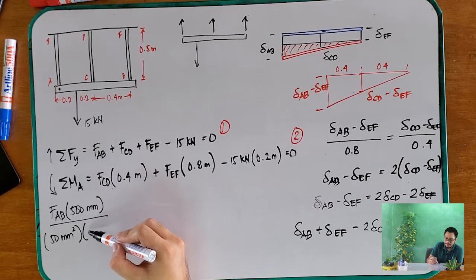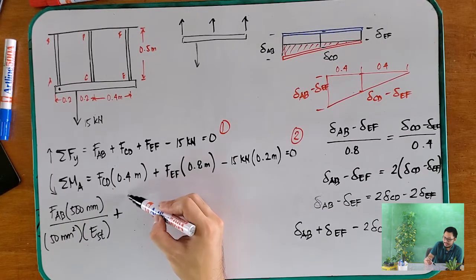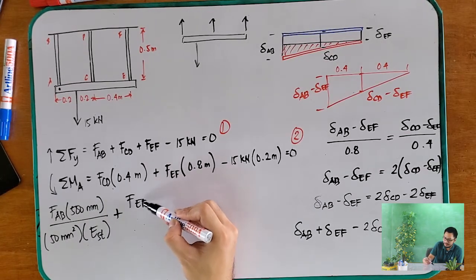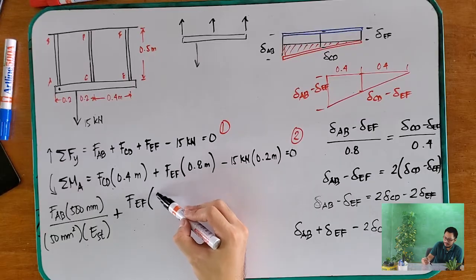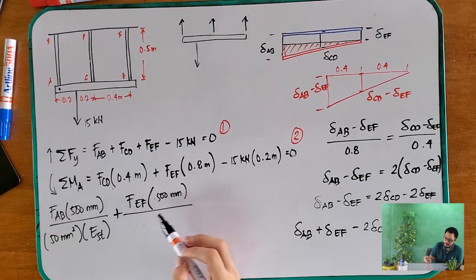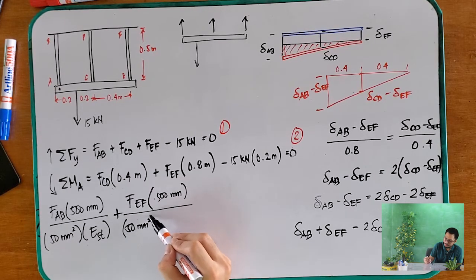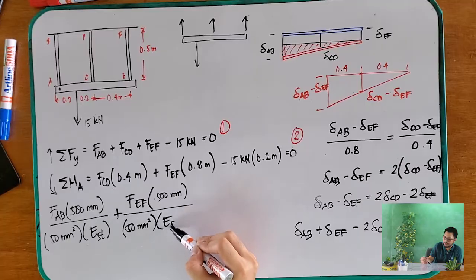Ato lang ibutang nga E still. Makancel naman ni siya later on. Next. Plus FEF times 500 millimeters over 50 millimeters squared times modulus of elasticity of steel.